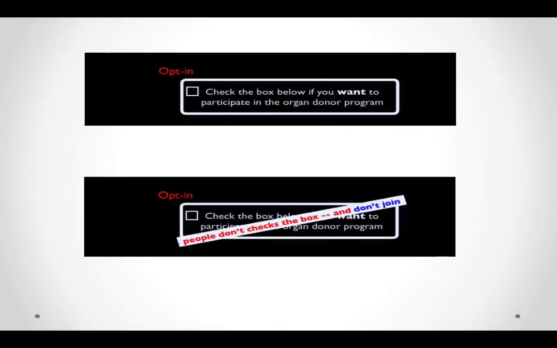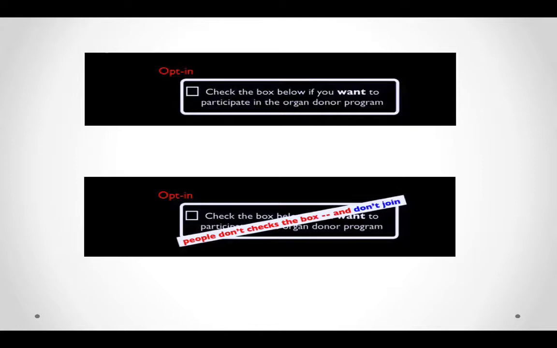On the DMV form, there is a box that says, check the box below if you want to participate in the organ donor program. Because I don't know what to do, I try to ignore it and I don't do anything. I just freeze or move on.